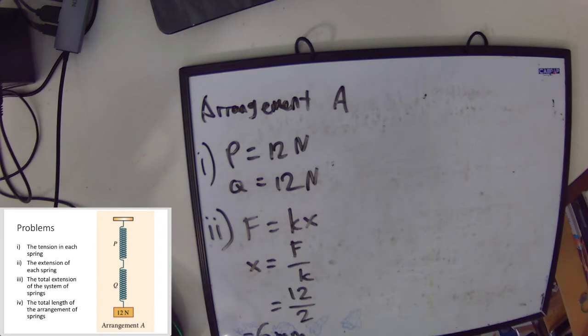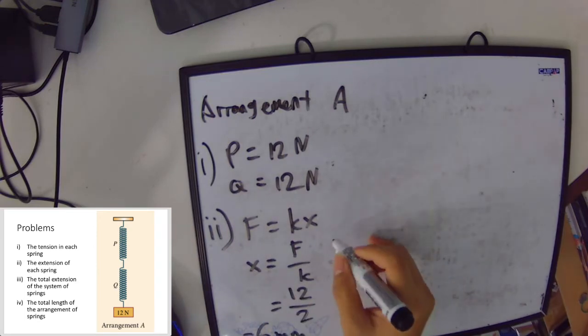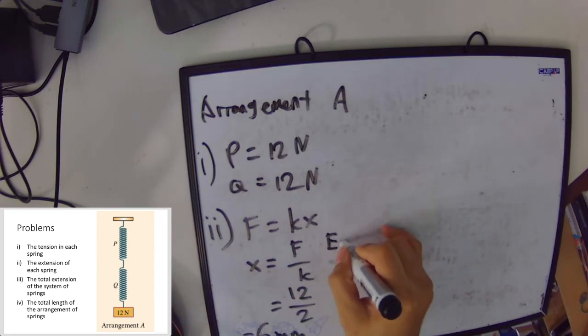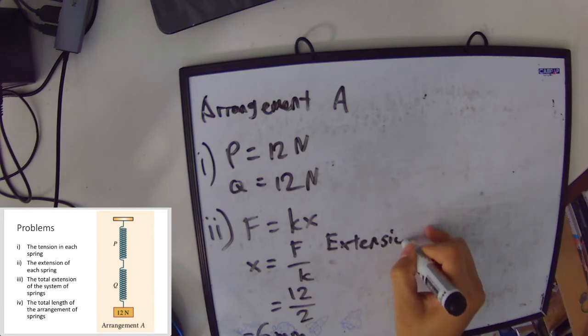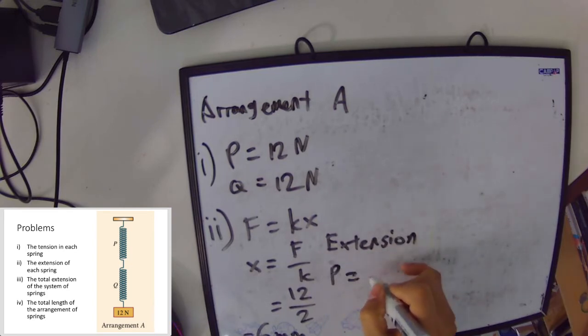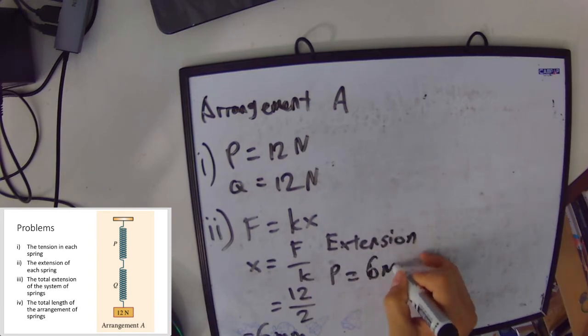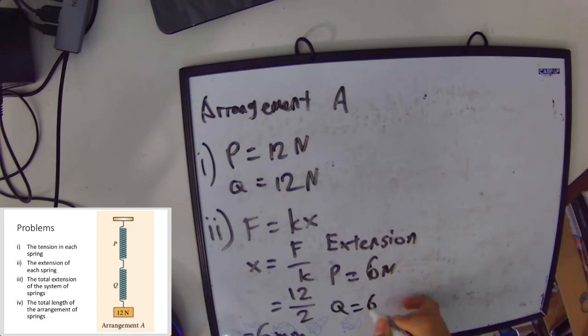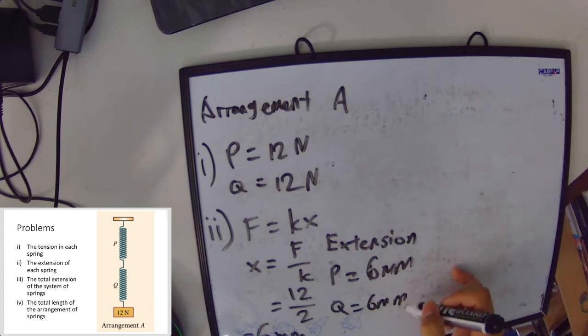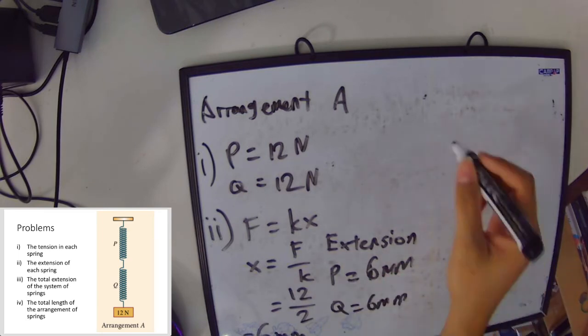So the extension of both P and Q is the same. Both have an extension of 6 millimeters. So for total extension, you just have to add the extension from both springs.